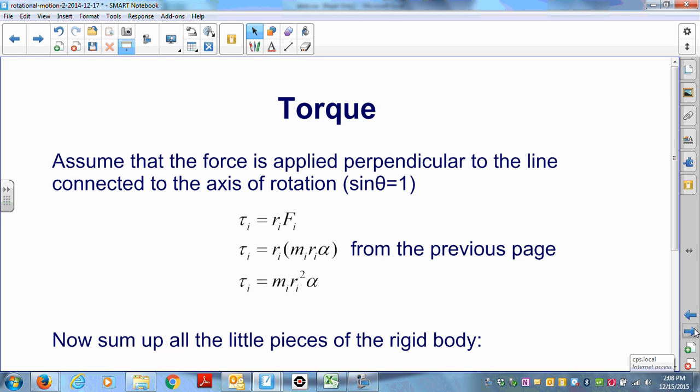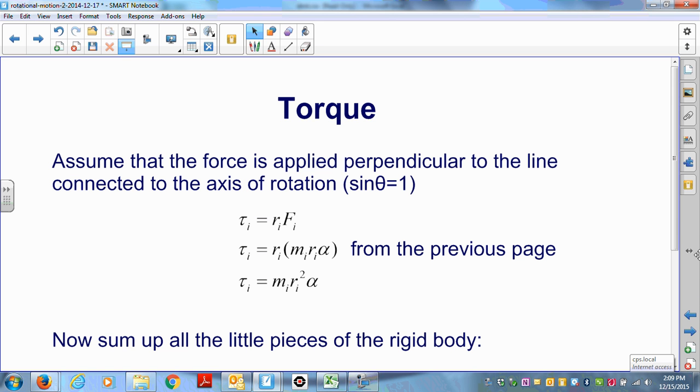So now we know that torque is equal to rF, and again remember that the radius and the force must be perpendicular to one another. We substitute in our new equation for force, which is not ma, but m r alpha. Substituting that in, we end up with m r squared alpha.